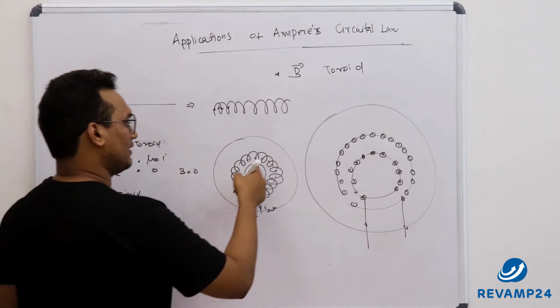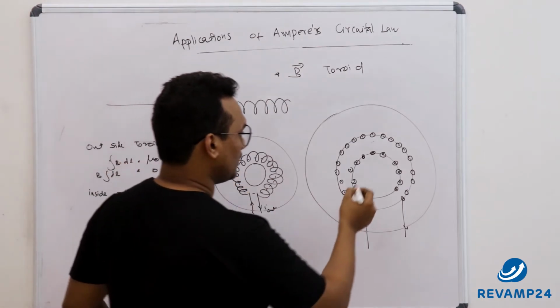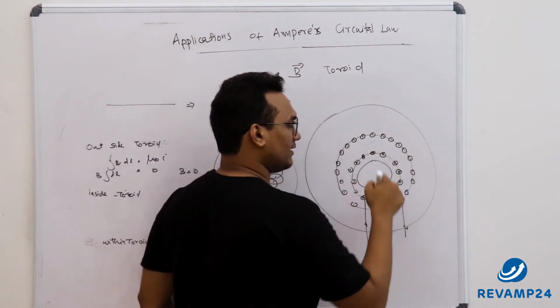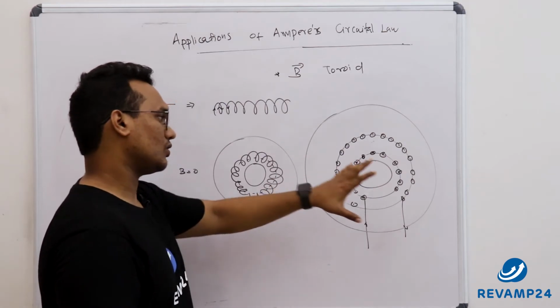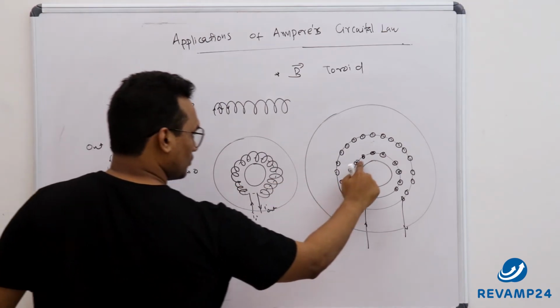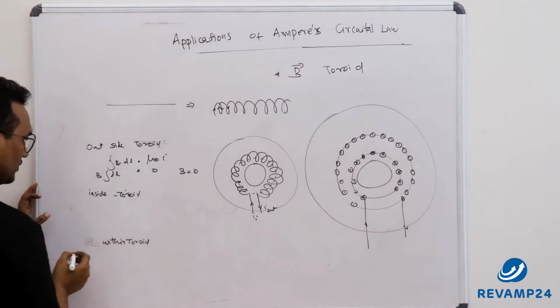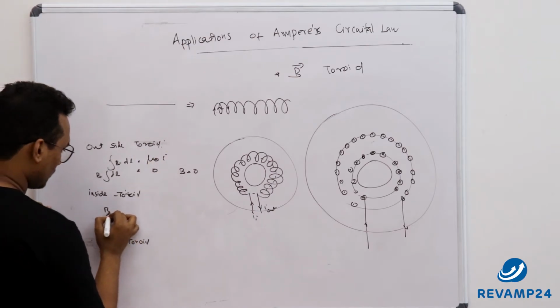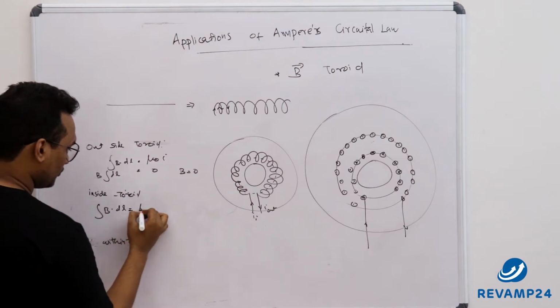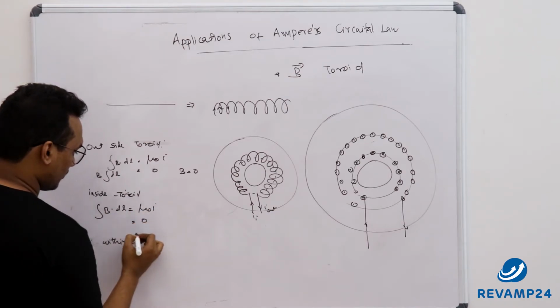And inside, it is very simple. Through this loop, is there any current entry? Is there any current exit? No, it's 0. So through this loop also, the magnetic field will be 0 because current is 0. So the integral of B dot dl is equal to mu 0 into I, which is 0.